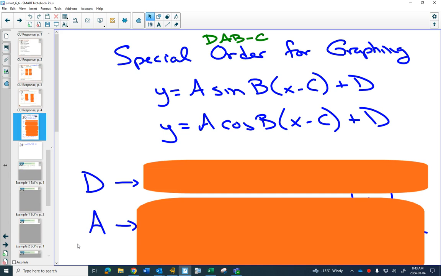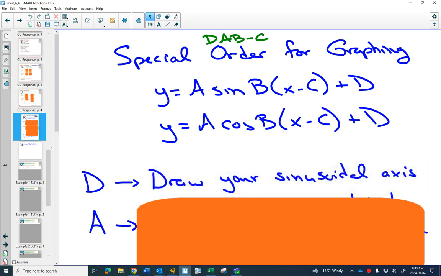But as a shortcut, since your center line starts at 0, multiplying it by something won't affect it. So we can actually start with the D value, and the very first thing we do is find out where our sinusoidal axis is.